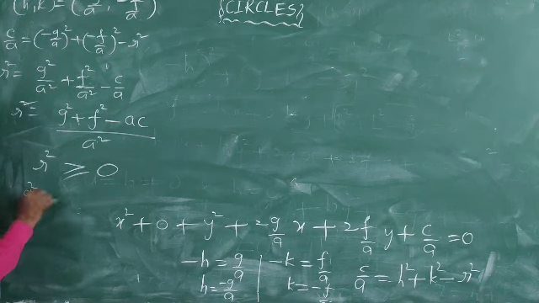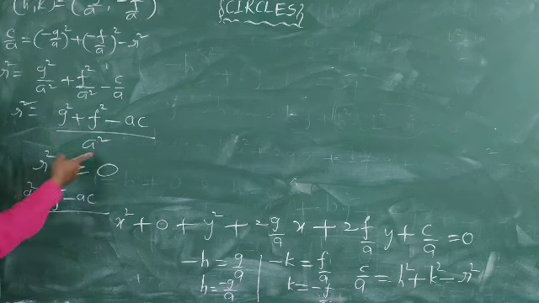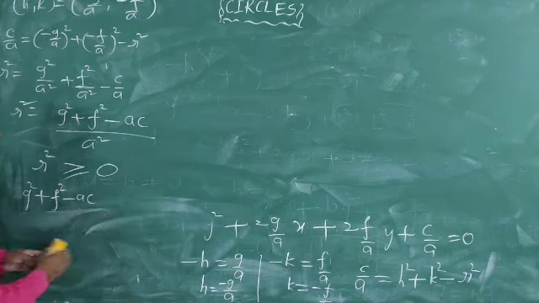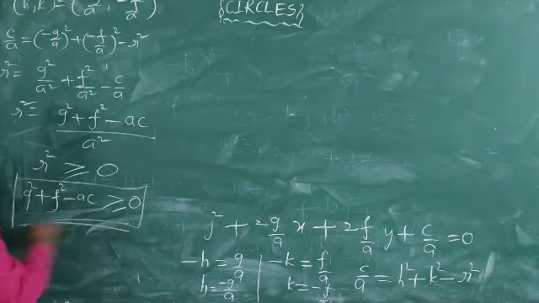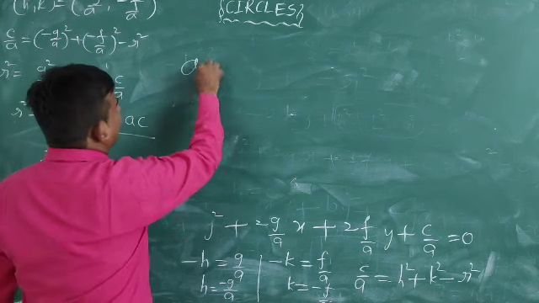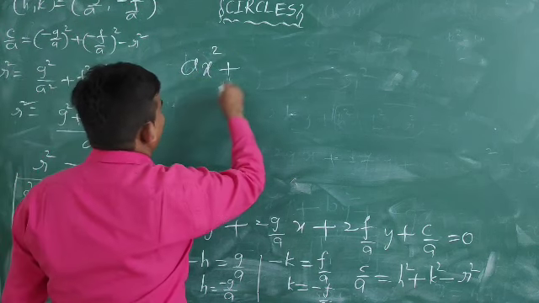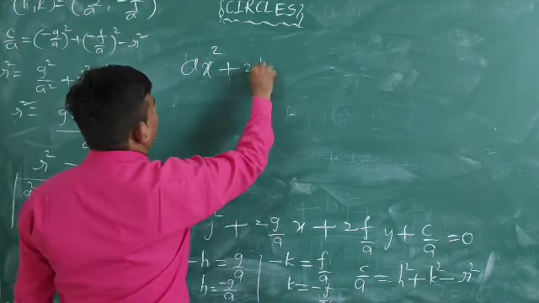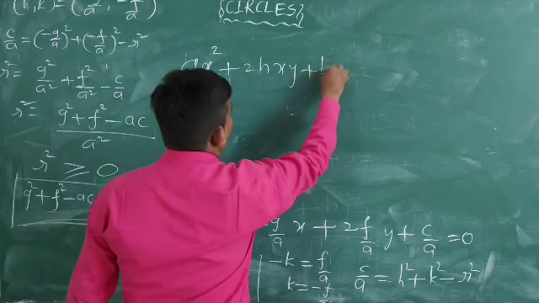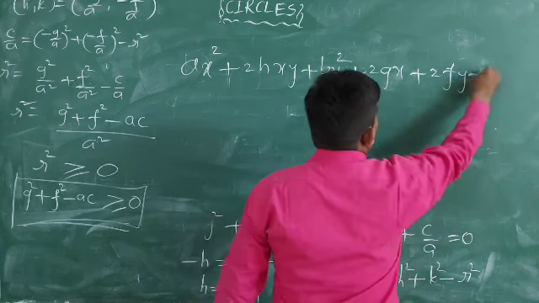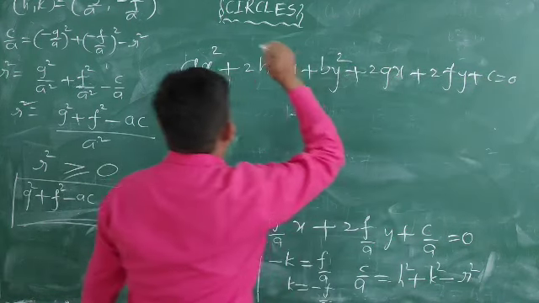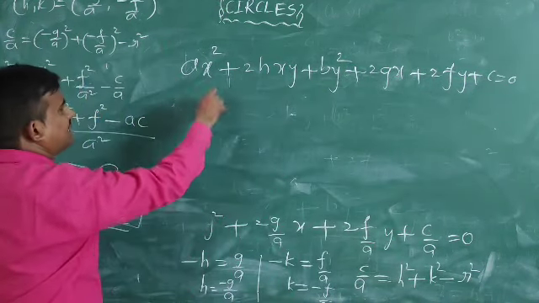That's why (g² + f² − ac)/a². a² is always positive, so g² + f² − ac must be greater than or equal to 0. This is the condition. So a second degree equation in x and y, ax² + 2hxy + by² + 2gx + 2fy + c = 0, represents a circle.